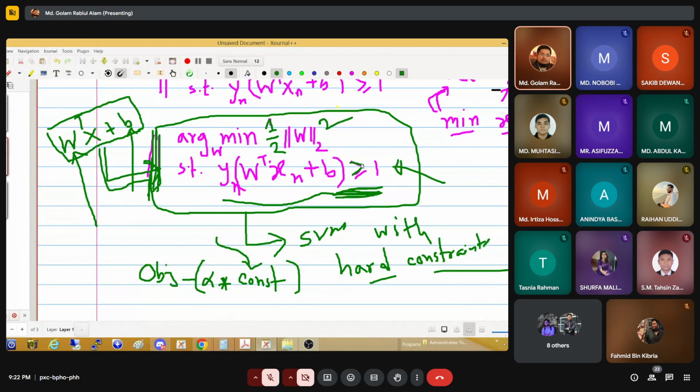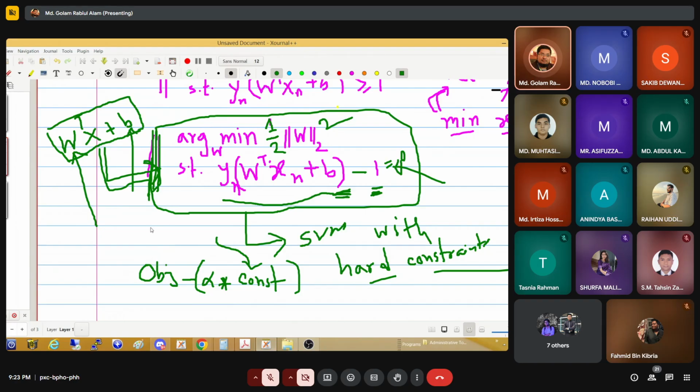So you can think of this as y n (w transpose x n plus b) minus 1 equal to 0. So now it becomes an equality constraint.